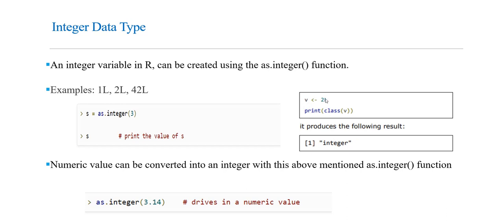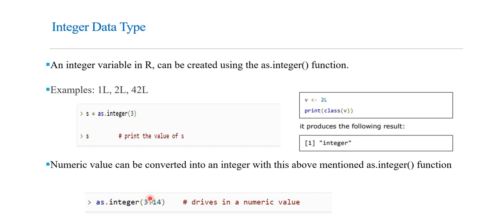Another way of defining an integer is you can make use of this function as dot integer of. Whatever value you are giving, that particular value will be converted to integer. Okay, so let's have a look at this example. So 3.14, we know that 3.14 is nothing but a numeric data type, right?